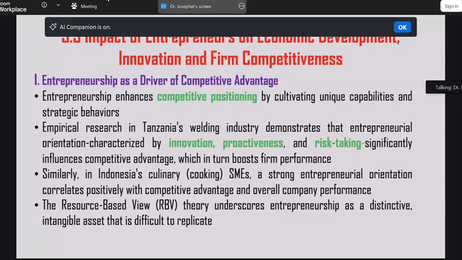Empirical research in the Tanzanian wedding industry demonstrated that entrepreneurial orientation, characterized by innovation, proactiveness, and risk-taking, significantly influences competitive advantage, which in turn bolsters firm performance. In firm performance, we talk about financial as well as non-financial performance.